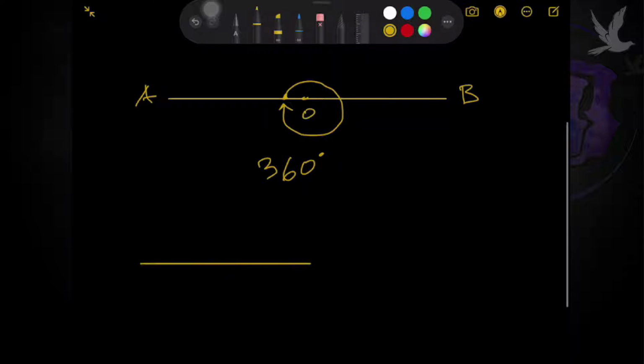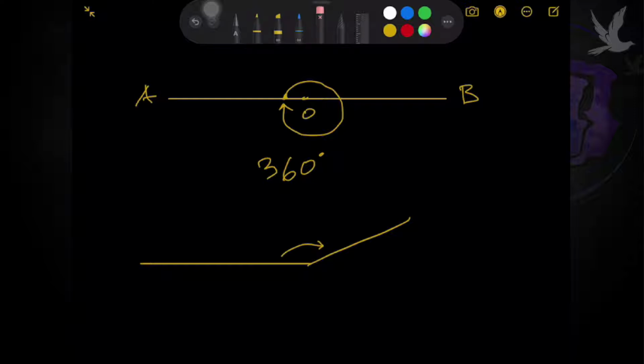For example, ganito. First, at a certain degree, nag-open siya up to, let's say, around 45, 47, 48. Then it opens further. It goes to 90, 91, 92, 93. Opens further. Let's say it goes roughly around 140, 150, 160.